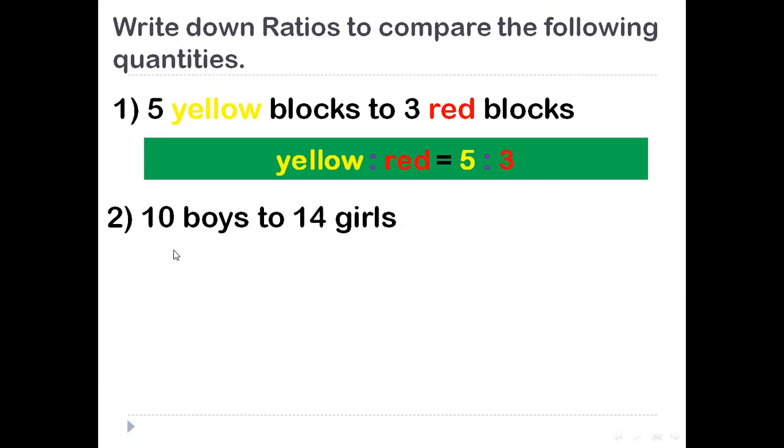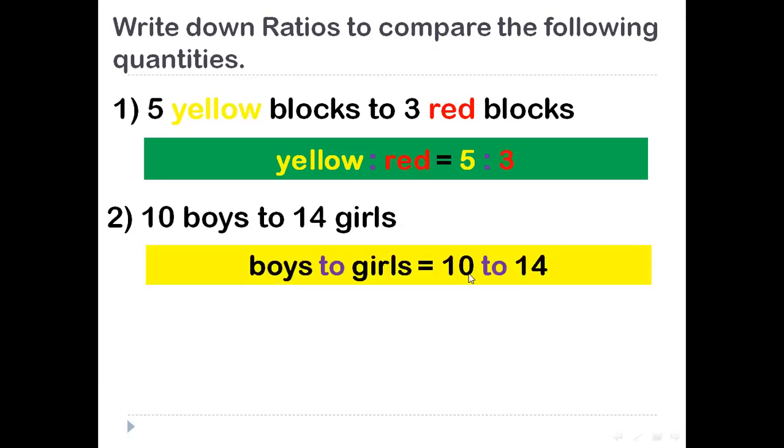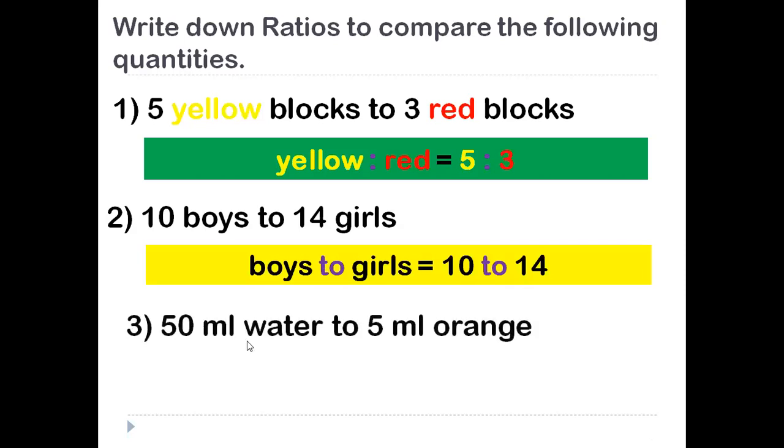Question 2, 10 boys to 14 girls. So we're comparing boys to girls. So boys are 10 to girls. I used "to" here. Number 3, 50 ml of water to 5 ml of orange.